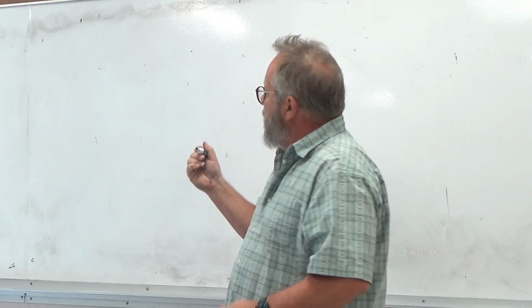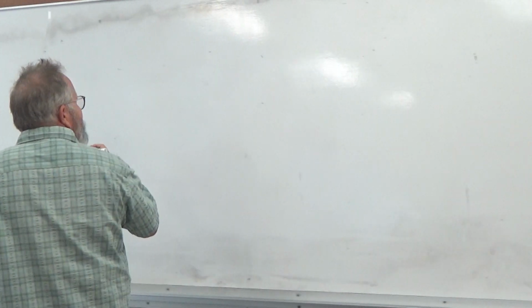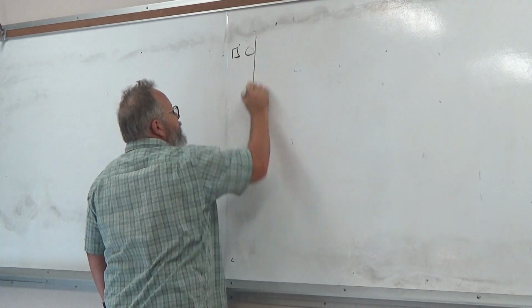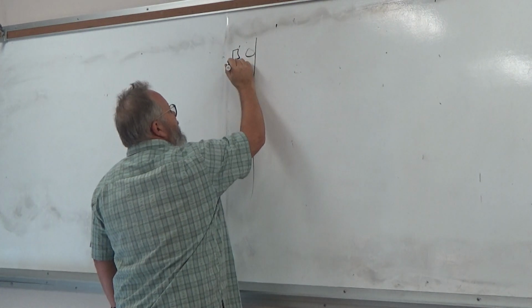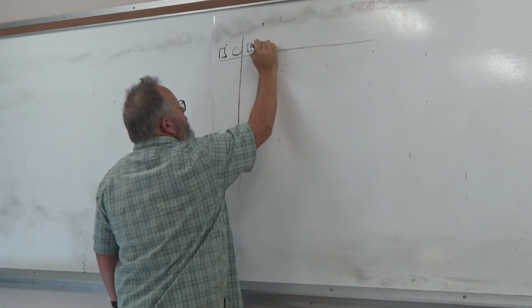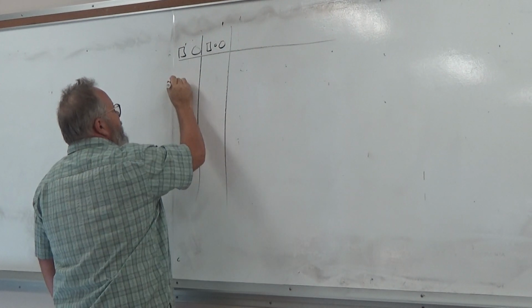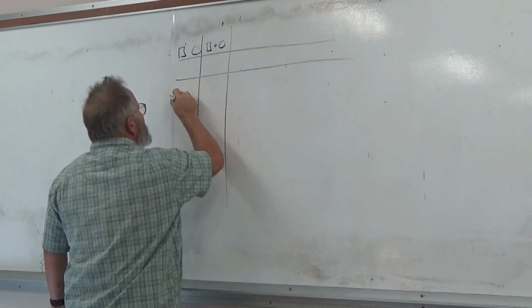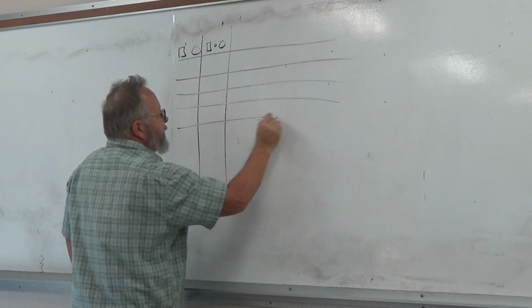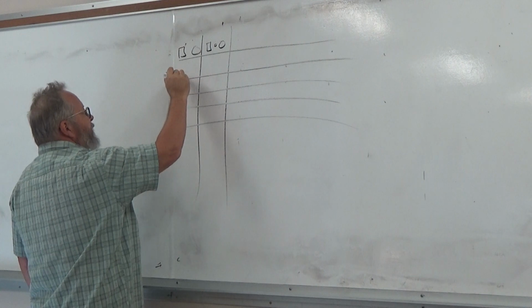Okay? All right. Let's remind ourselves of the most basic part of chapter 3, and that is the basic truth table. So we want to know when a conjunction is true and when it's false.